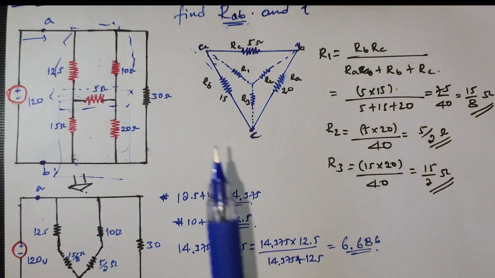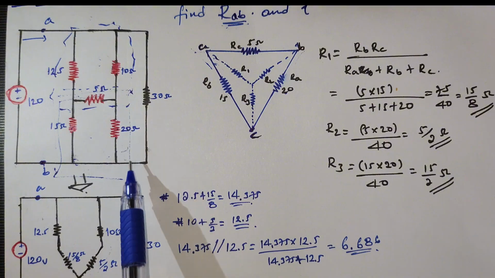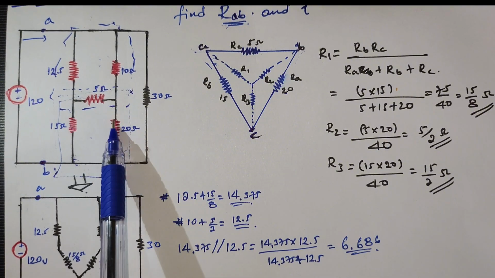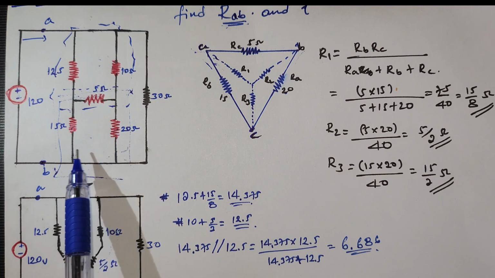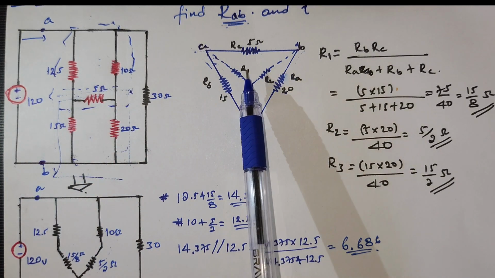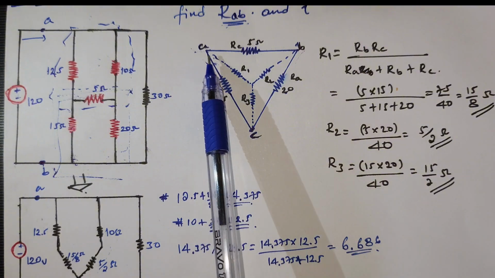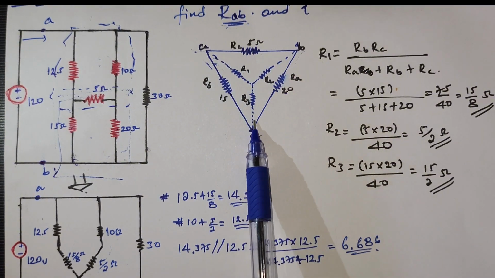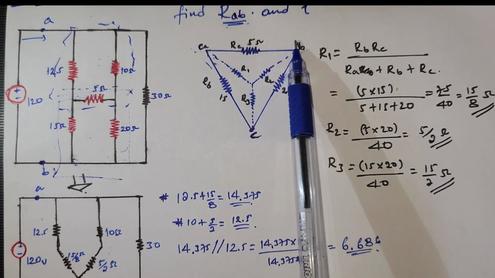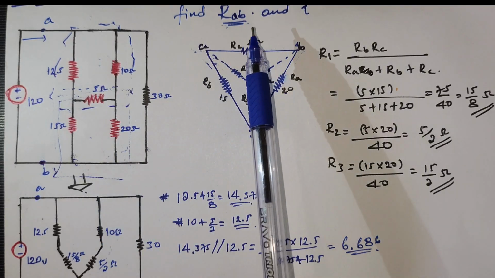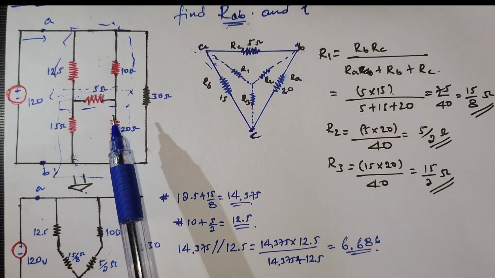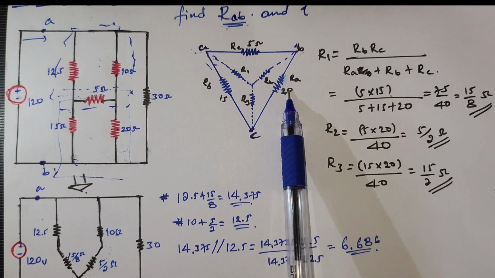So let's transform this part of the circuit. The lower part of the bridge is a delta network. So we're going to transform this delta network into the equivalent Y circuit. This is the delta network which we take out: 5 ohm, 15 RB, and 20 RA.